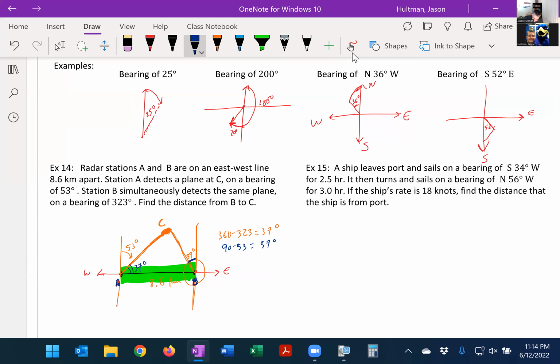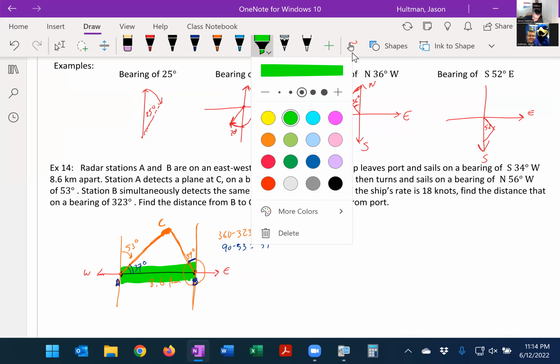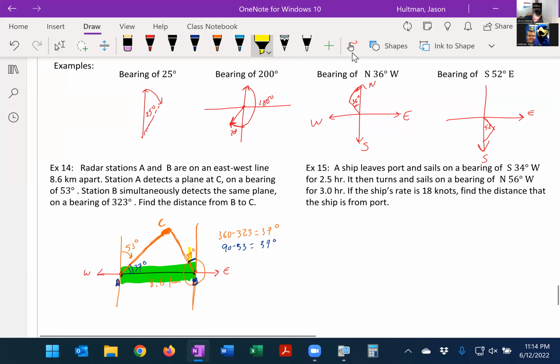37 degrees. And then if this is 37 degrees over here, let me highlight the other 37 degrees. Right there. Then the complement of that, this angle here, is going to be 90 minus 37, which is 53. So this is 53 degrees.